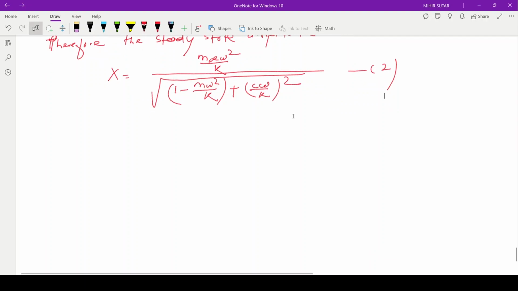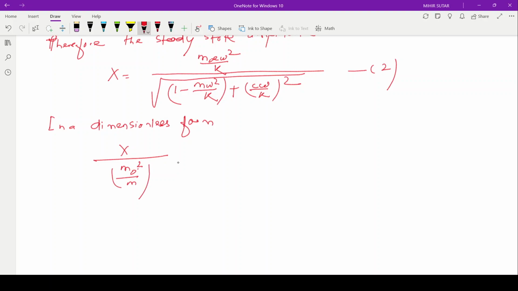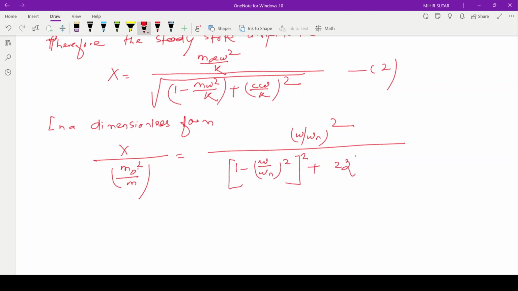And in a dimensionless form, x divided by m0 e by m will be equal to (omega by omega n) square divided by the square root of (1 minus (omega by omega n) square) whole square plus (2 zeta omega by omega n) square.